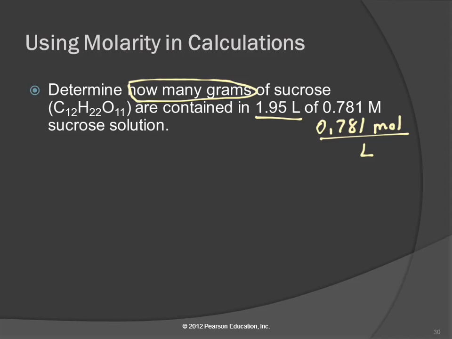So from the two numbers that they gave us, we have to identify which one is the starting point and which one is the conversion factor. The starting point is the one with the single unit, liters. The conversion factor is the moles per liter. So our path is going to be liters, and we'll convert to moles using the molarity. And from moles we will convert to grams using the molar mass.